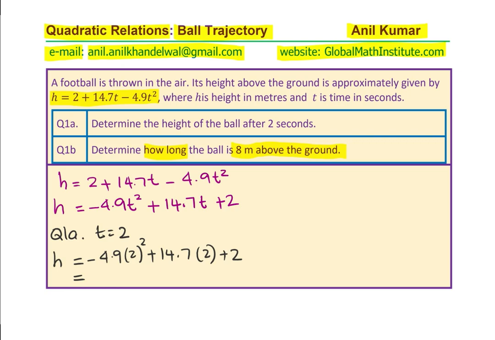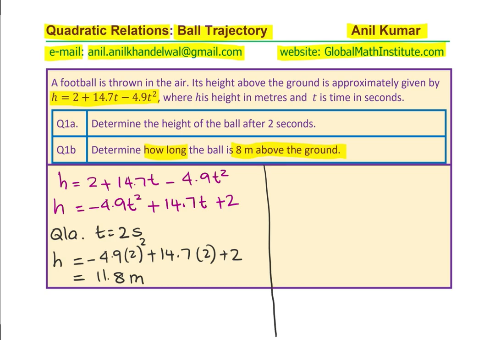So 4.9 times 2 squared, which is 4, plus 14.7 times 2 plus 2 gives me 11.4 over 5, which in decimals is 11.8. So we find that this height is 11.8 at t equals 2 seconds.